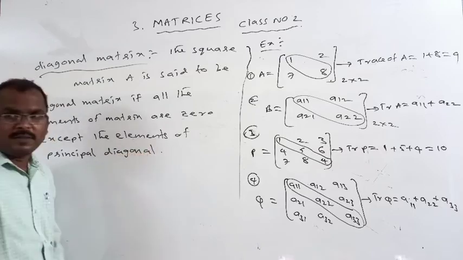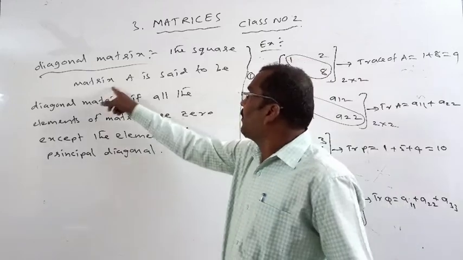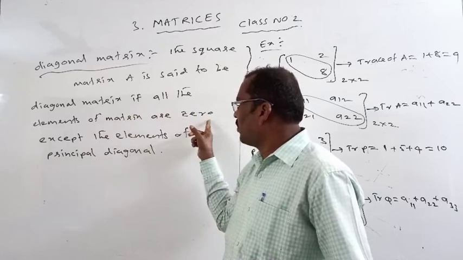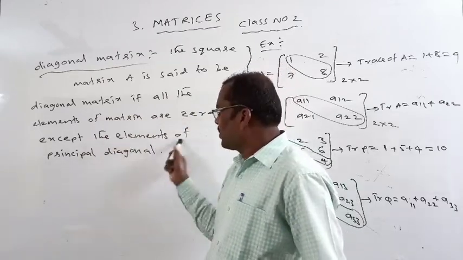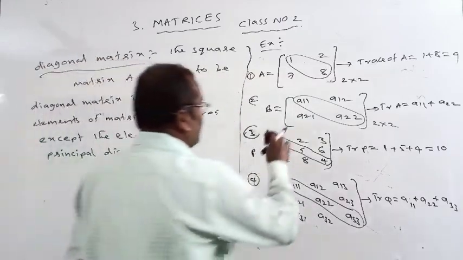Understand now? Matrix A is said to be a diagonal matrix if all the elements are zeros except the elements of the principal diagonal. Give the example.